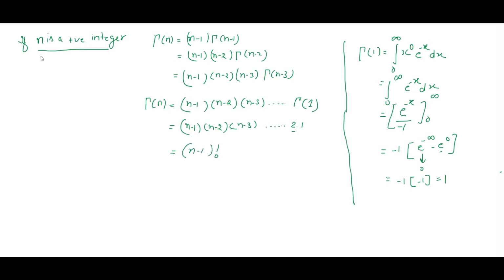So this is the advantage of gamma function, that if n is a positive integer, then taking back steps you can write gamma n as n minus 1 factorial. So in particular, for example, if you want to calculate gamma 7, then you can immediately write it as 6 factorial. Okay, gamma of 5 is 4 factorial, and so on. So this is a particular case and a wonderful application of gamma function.